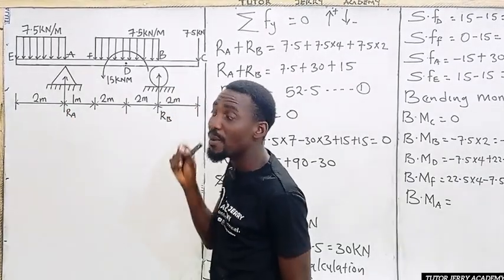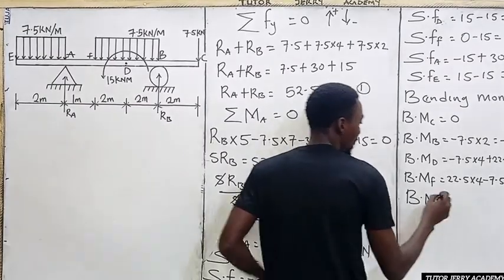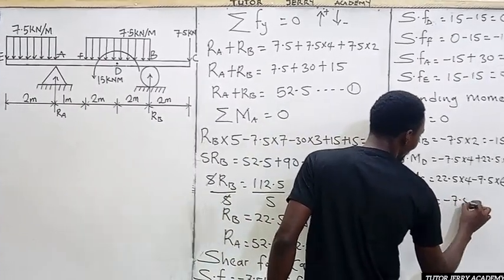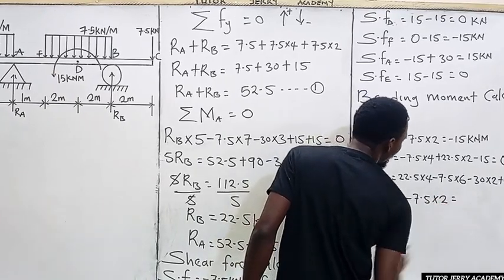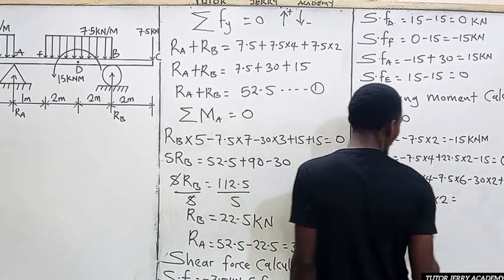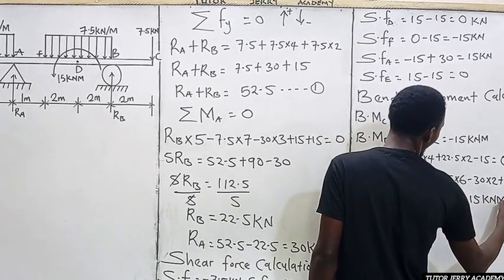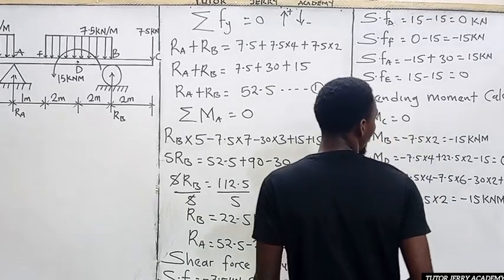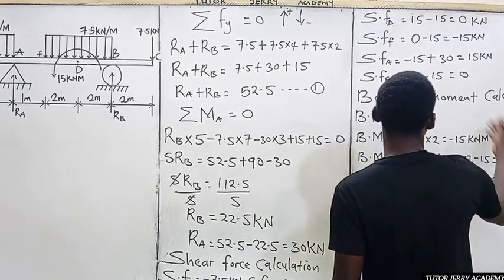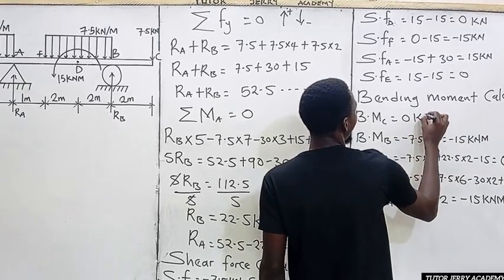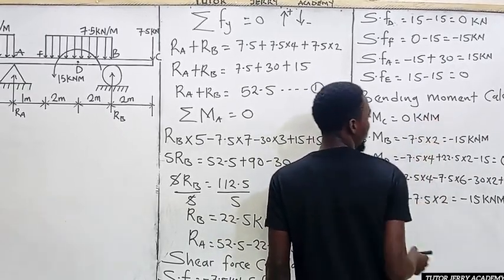That is minus 7.5 multiplied by 2. So we are going to have minus 7.5 multiplied by 2, which is going to give us minus 15 kilonewton meter. All right. So please, all the units for our bending moment is kilonewton meter. Please take note of that.